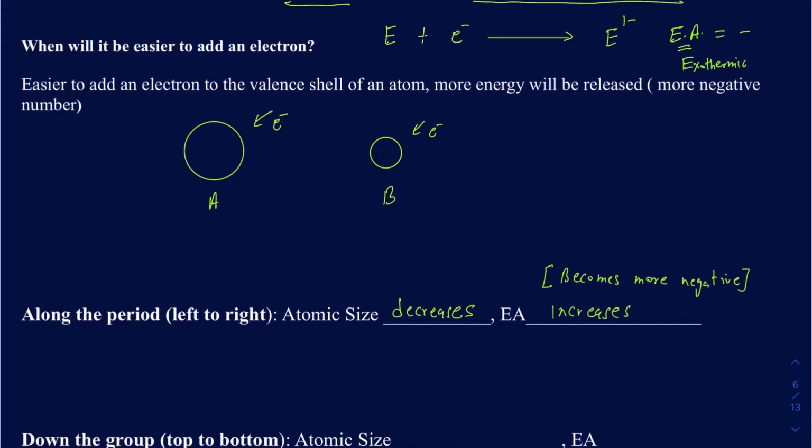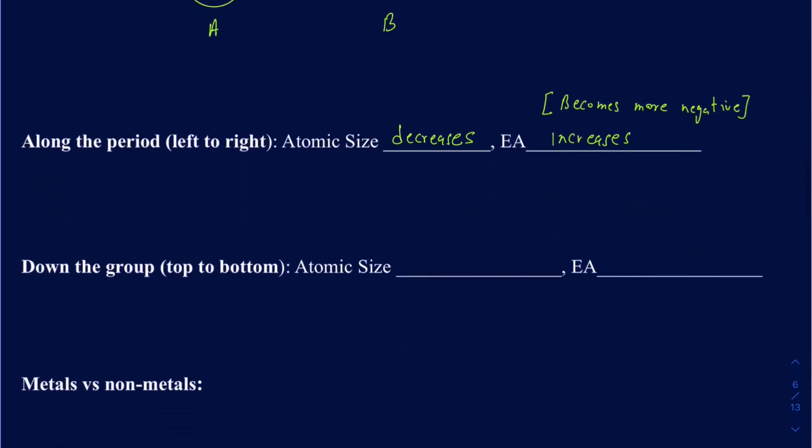Okay. On the other hand, when we're looking at going down the group, the atomic size is increasing when you go down the group from top to bottom, and if the atomic size is increasing, your electron affinity actually decreases.